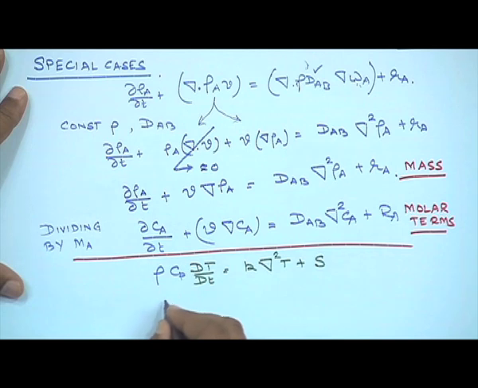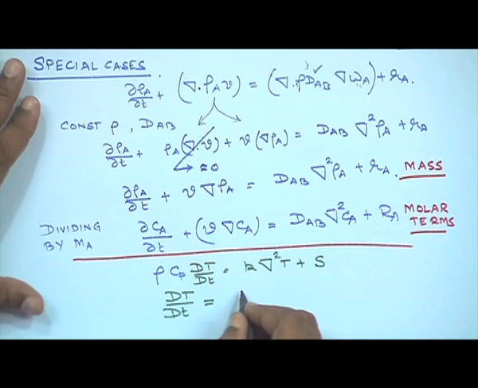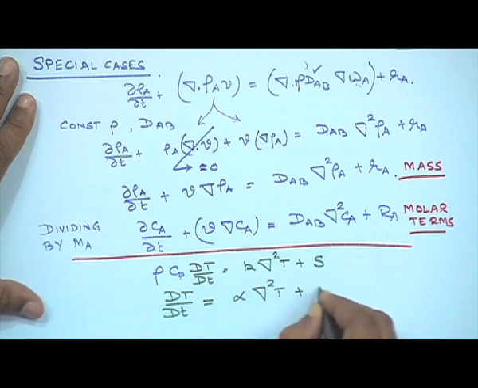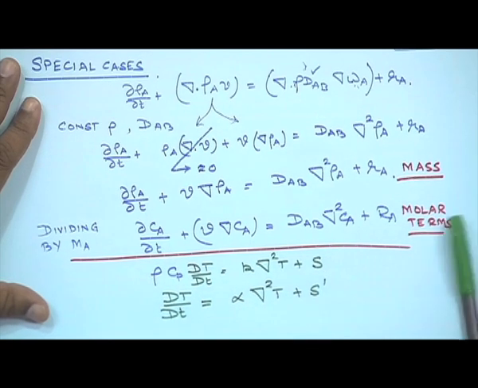If you divide both sides by rho Cp, what you get is dT by dt is equal to K by rho Cp, and K by rho Cp is nothing but your alpha, times del square T plus S prime, where S prime is simply S by rho Cp.